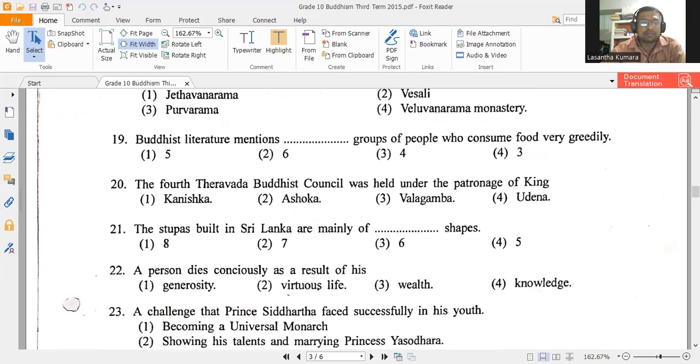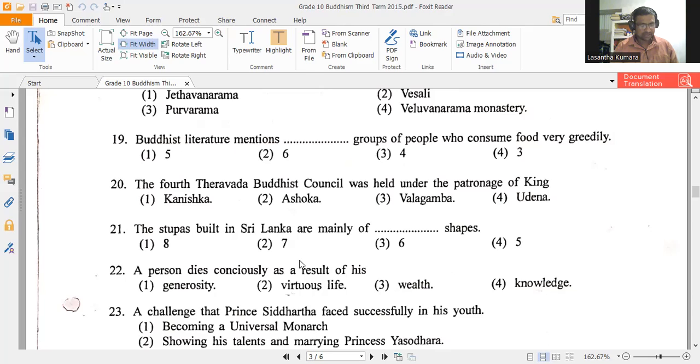The stupas built in Sri Lanka are mainly of how many shapes? In Sri Lanka, normally, you know what a stupa is. How many shapes are there? Five.